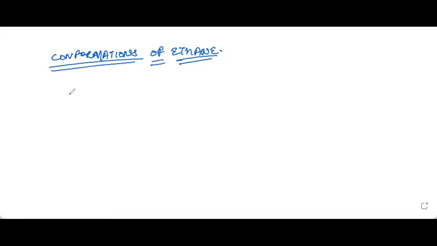Suppose we are considering this Newman projection in which the hydrogen atoms are situated this way, that is, they are at the maximum possible distance from each other. The hydrogen atoms of the front carbon and hydrogen atoms of the back carbon are at maximum possible distance from each other. So this is one form of ethane.